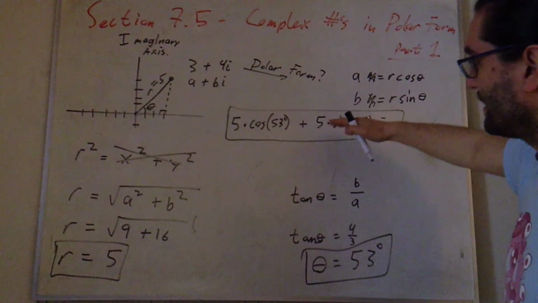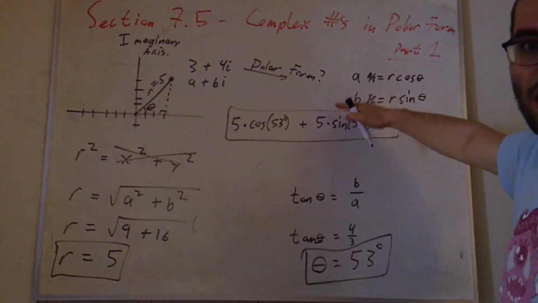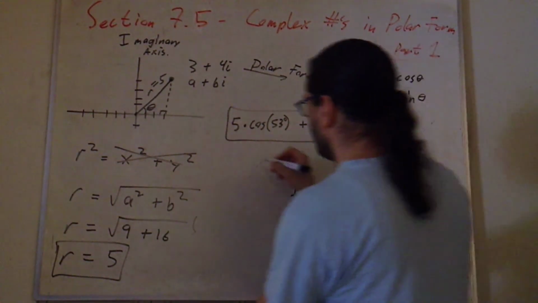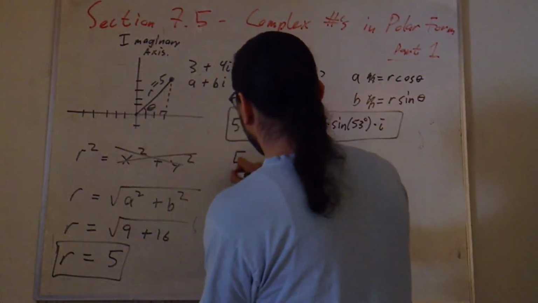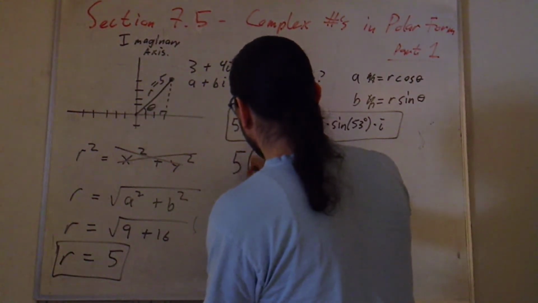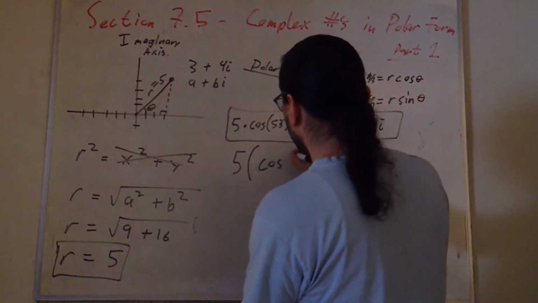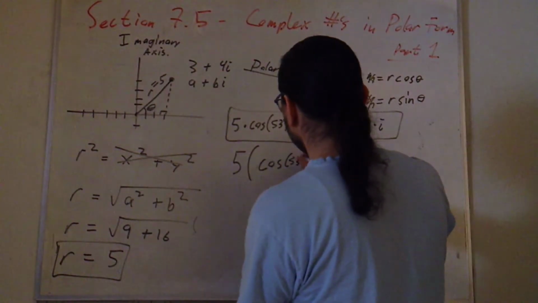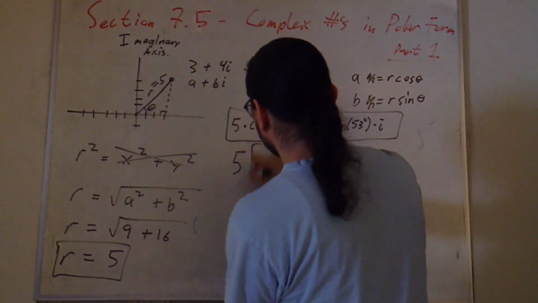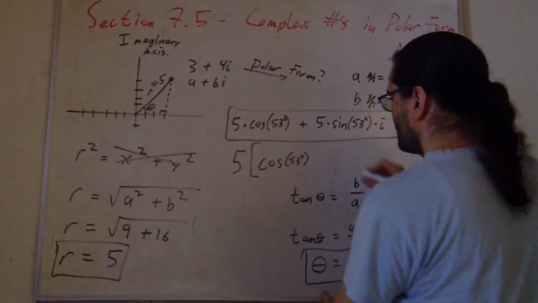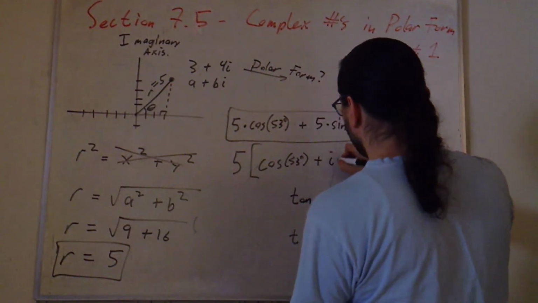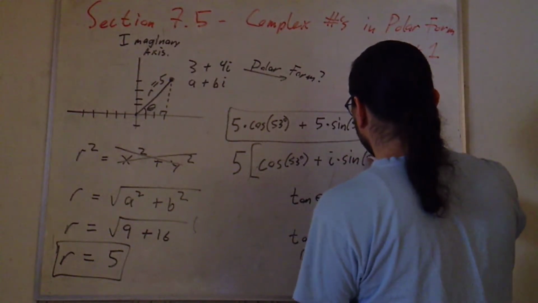And then to get this into standard form, I'm going to simplify it one step by factoring out the 5. So we'll say it's 5 times cosine 53 degrees, this is usually a hard bracket, 5 times the cosine of 53 degrees plus i times the sine of 53 degrees.